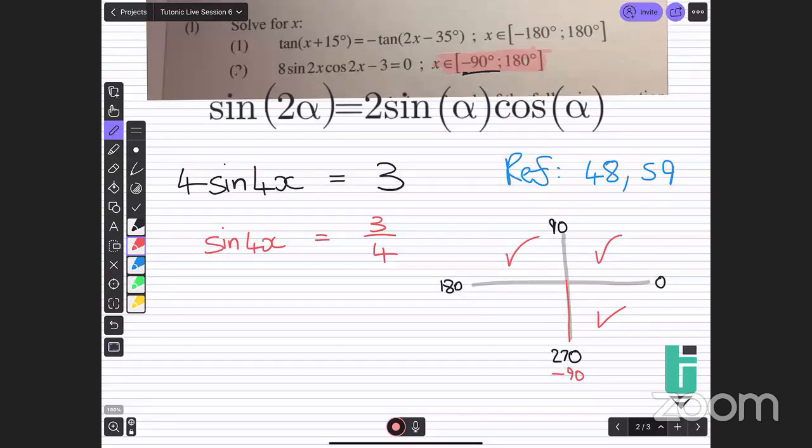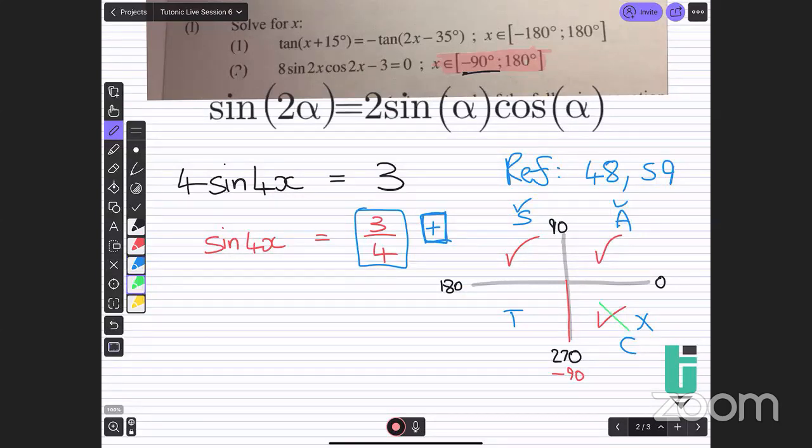Given my answer for sine, which one can it not be? The fourth one. Why can't it be the fourth one? Because sine is positive and in the fourth quadrant it's negative. Your answer for sine is positive, but in the CAST diagram, sine is only positive in the first and the second. So therefore you can exclude this one.